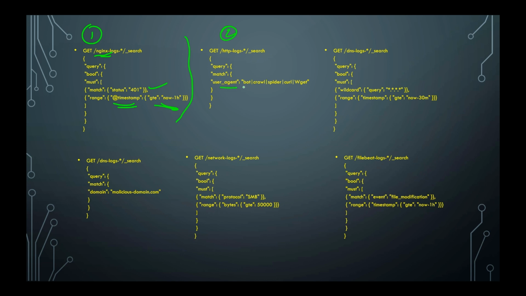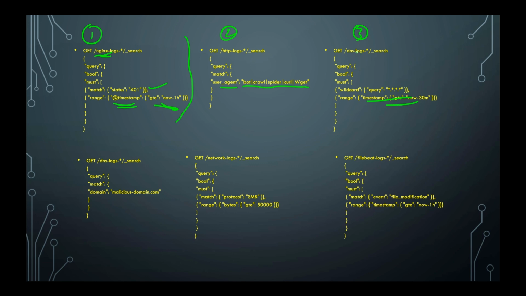So the user agent is bot, crawl, spider, curl, wget, etc. Number three, we have detecting DNS tunneling, data exfiltration. This query checks for unusual DNS queries containing multiple segments in the domain. You can see any domain like sub.domain.etc.com, which are often used in DNS tunneling.